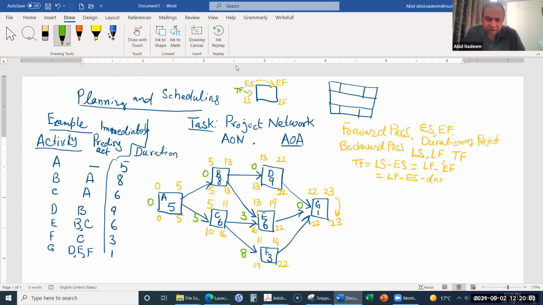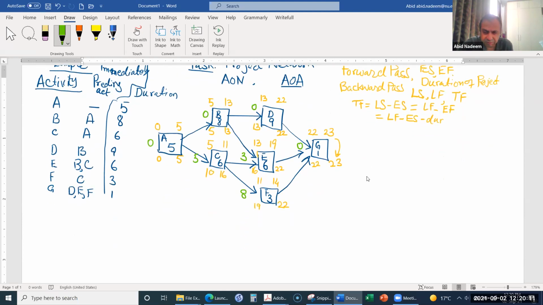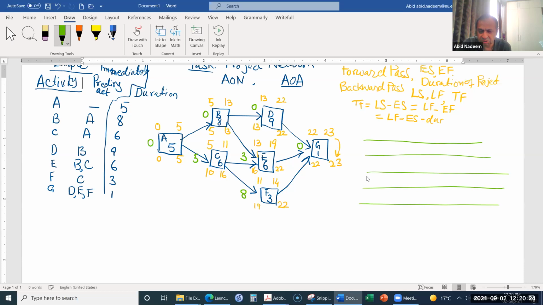So in this way, we have completed this table. Once you complete these calculations, you can draw a table. For example, if I want to draw this table, I will draw some horizontal lines and vertical lines.